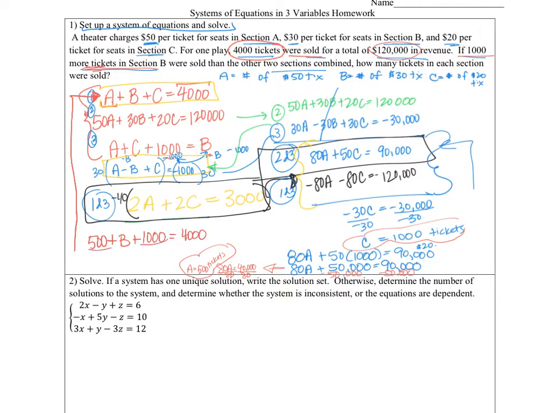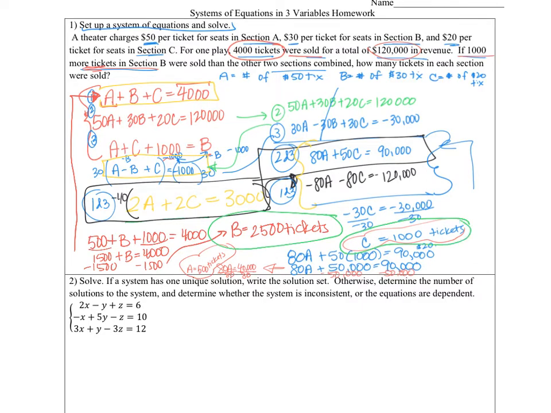So 500 and 1,000, that's 1,500 plus the B equals 4,000. If I subtract the 1,500, B will be equal to 2,500 tickets. So that would be 2,500 of the B, 1,000 of the C, and 500 of the A.